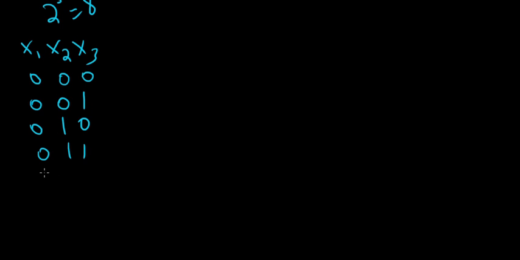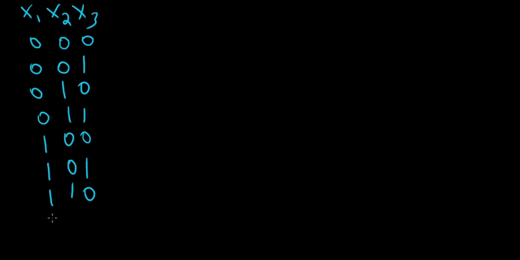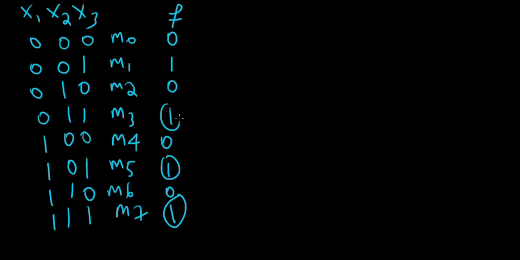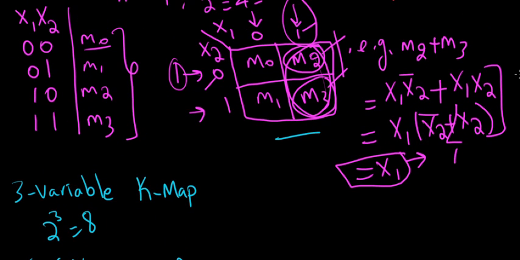And obviously we're going to start doing X1, X2, X3 with all combinations, which is 0, 0, 0, 0, 0, 1, 0, 1, 0, 0, 1, 1, 1, 0, 0, 1, 0, 1, 1, 1, 0, and finally 1, 1, 1 for midterm 0, midterm 1, midterm 2, midterm 3, midterm 4, midterm 5, midterm 6, and midterm 7. And then if we give a function here for this as the example as 0, 1, 0, 1, 0, 1, 0, 1, now we know the ones are here, and that's where we're gonna focus to group together in our KMAP, such as this, but in 3 variable.